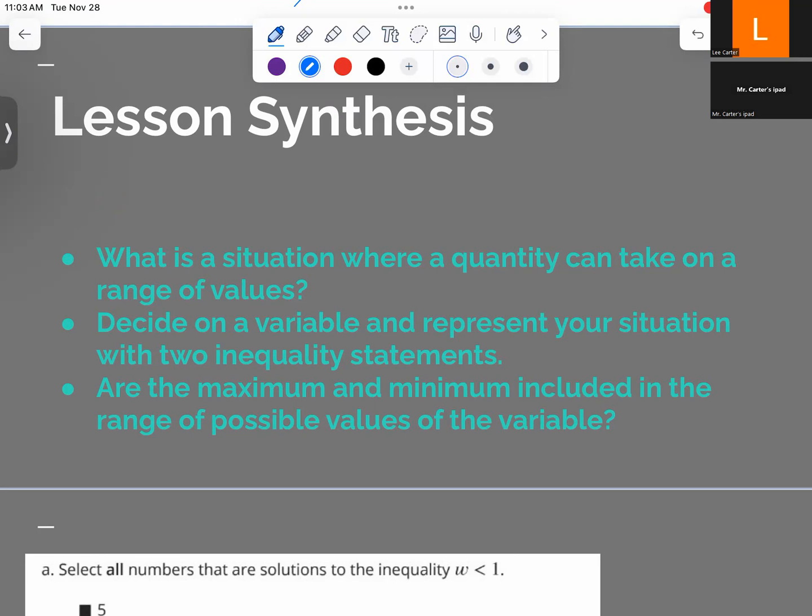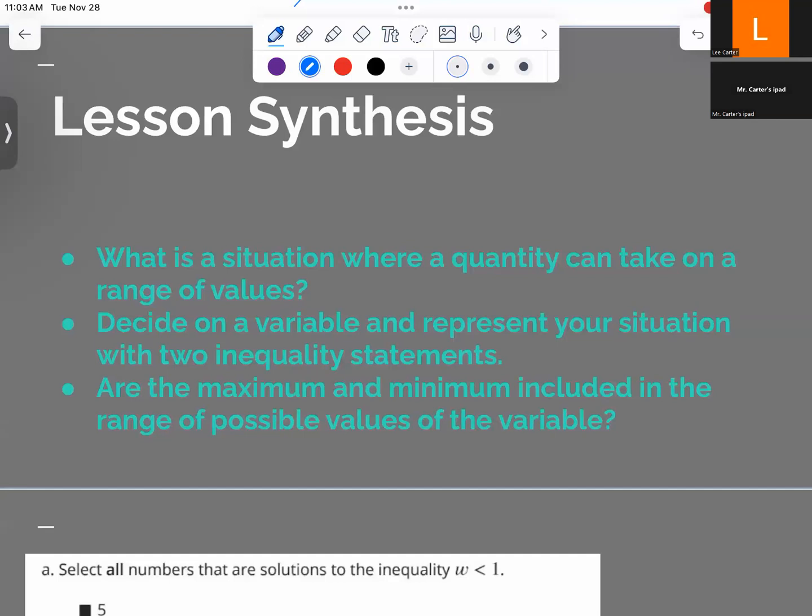So you got to be at least 13 or older, right? And it goes on up. Or, if you think about the speed limit on the highway, it says speed limit's 55 miles an hour. That means you can go anywhere up to and include 55 miles an hour. So you could go 42, 43, 44.